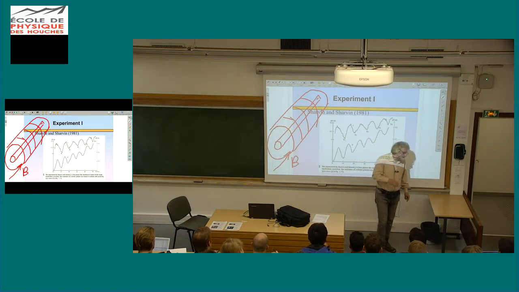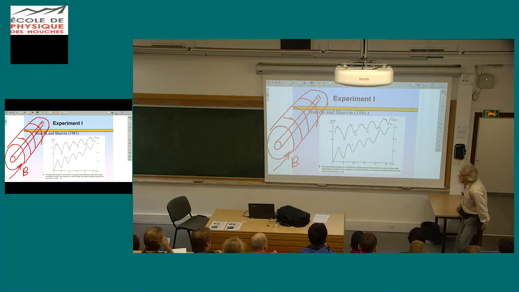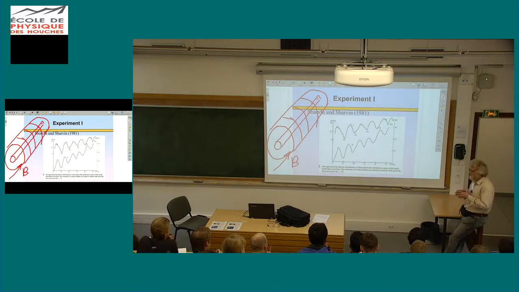We haven't discussed it yet, but it's just because the cylinder was rather big, metallic, so there were many transport channels in this cylinder, and eventually only one single transport channel is responsible for the Aharonov-Bohm fluctuations. So they saw in the resistance the effect of one channel, roughly.